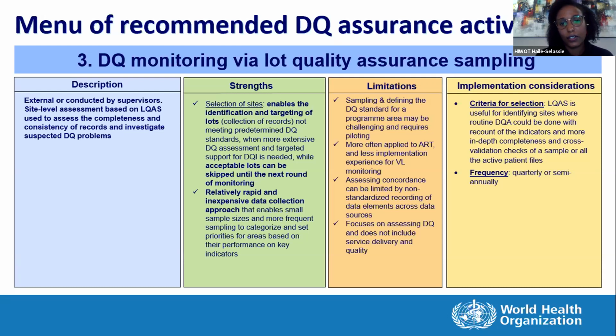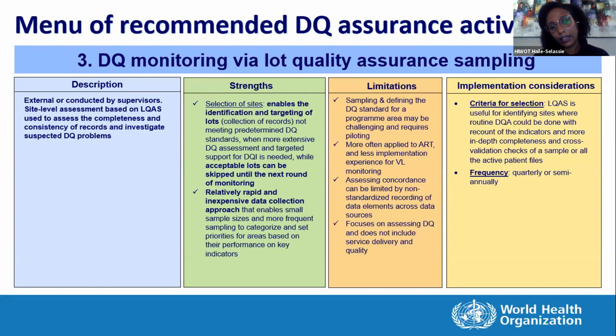And the idea is that you're targeting lots, which are a collection of records, and the assessment team would set a predetermined data quality standard, and then you would see if those lots meet that standard or not. And those that meet that standard can be skipped and they don't have to be monitored.